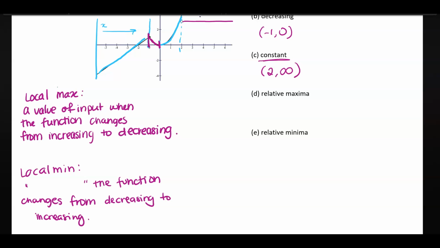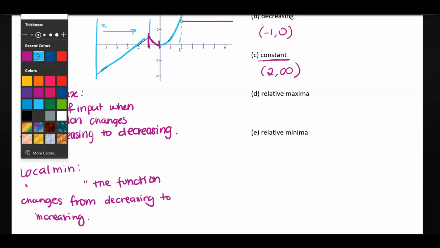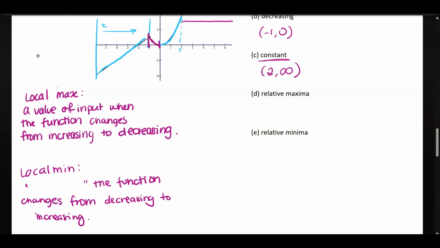So let's take a look at what that really means. In this particular case, we are going from an increasing function, something that looks like this, to a decreasing function. It could look a lot of different ways, but notice how we are going from increasing, we're going up, we pause and we come back down, and that's decreasing. So this is what we will call a local maximum.